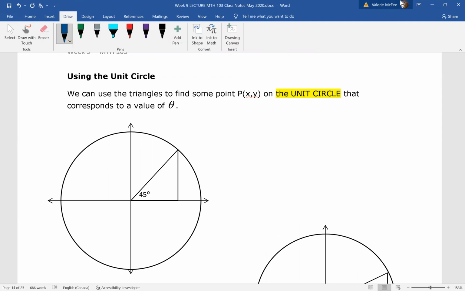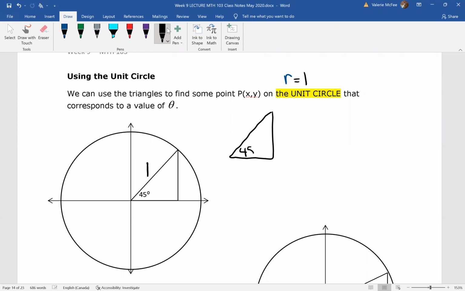Now remember what that means if we're talking about on the unit circle. This is a place where r equals 1, or the hypotenuse is 1. So we would have to have a 1 here on our triangle. Let's think back to our original 45-degree triangle.